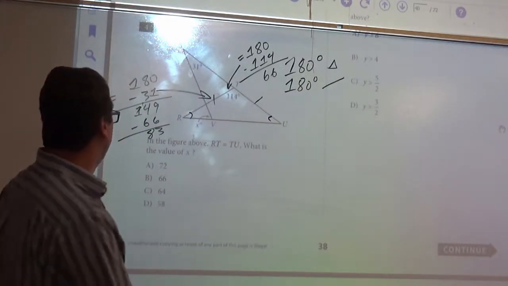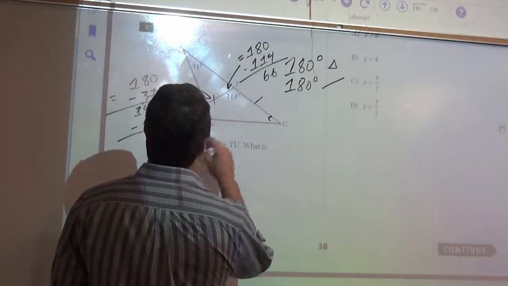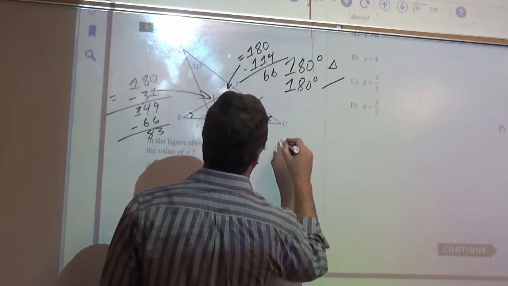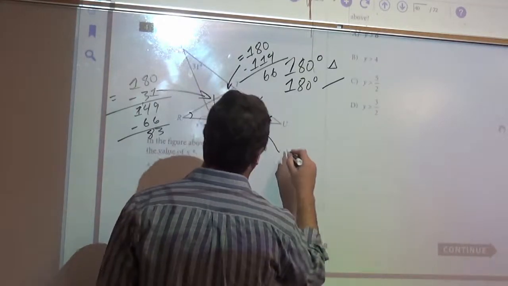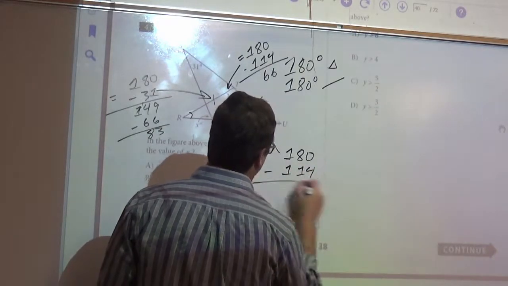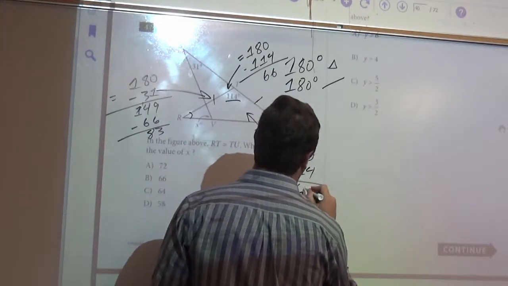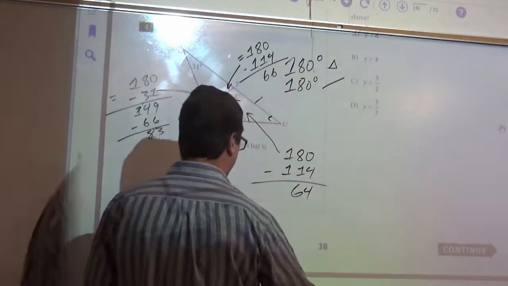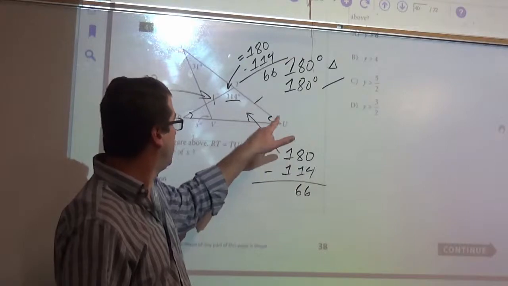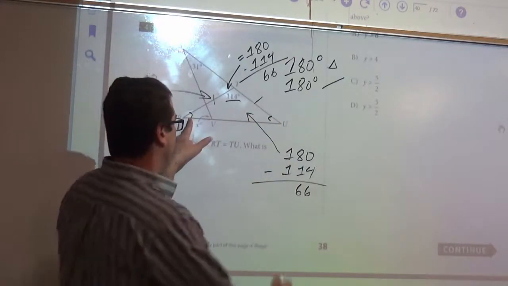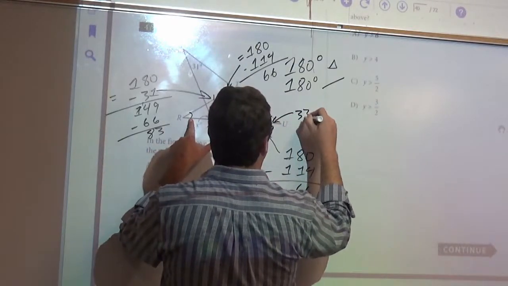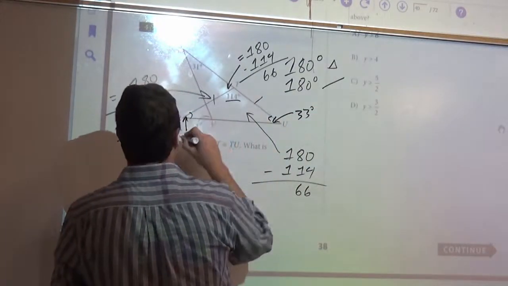I'm sure that's important. So if this is 114, for this triangle, 180 minus 114, that means I've got 66 degrees left for my triangle between this angle and this angle. So if I divide that by 2, this is 33 degrees, this is 33 degrees.